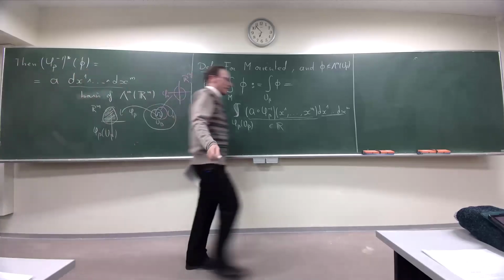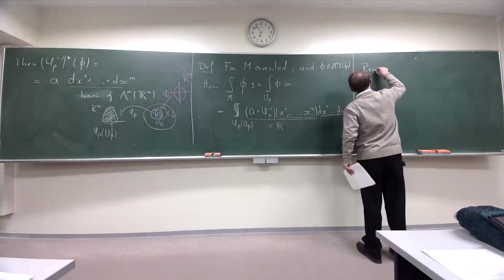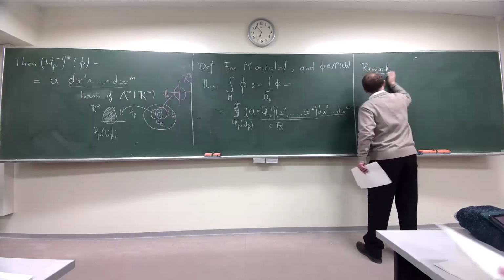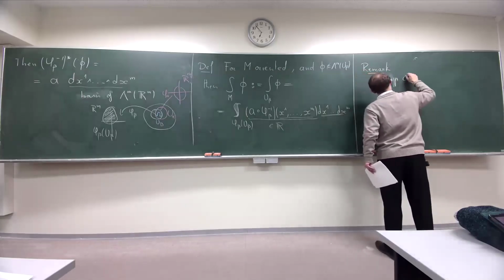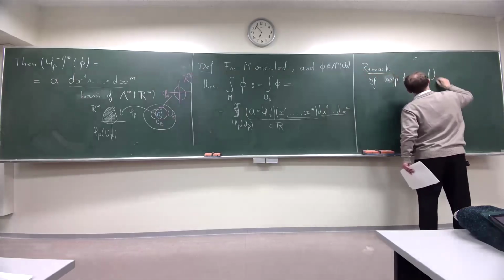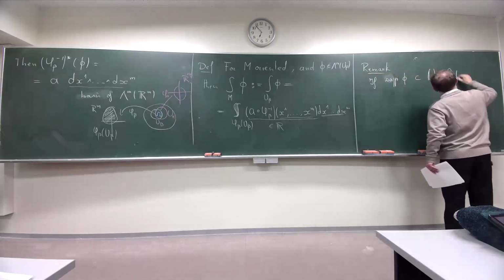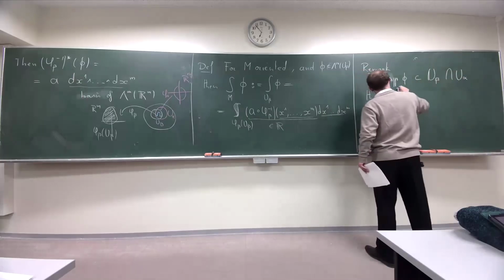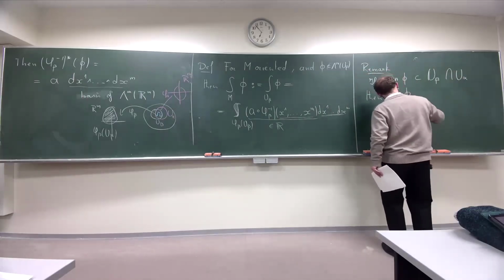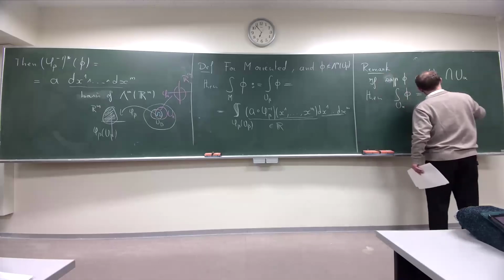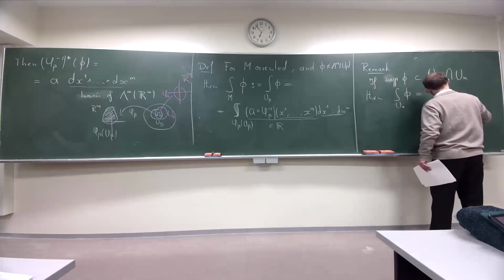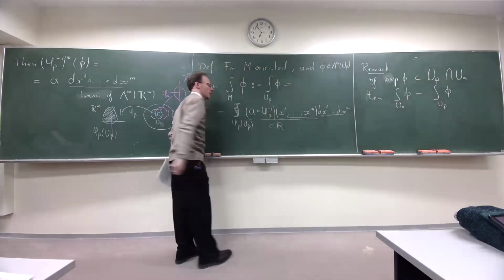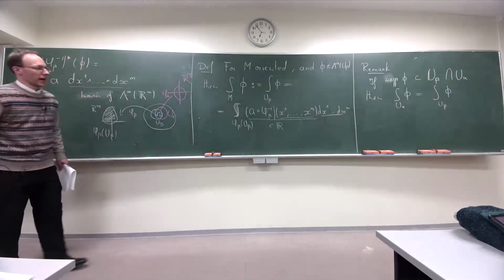And of course, this doesn't happen. It's an exercise. If the support of phi is inside U beta intersection U alpha, like on this picture, then of course the integral of phi on U alpha is equal to the integral of phi on U beta. The one on U beta is with this phi beta minus 1. The one on U alpha is with alpha.